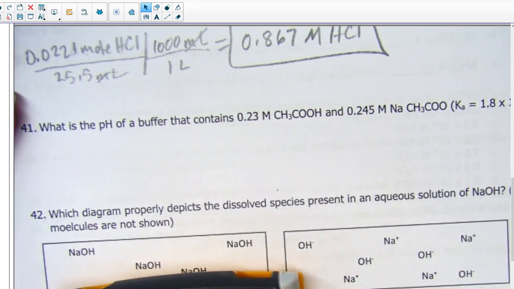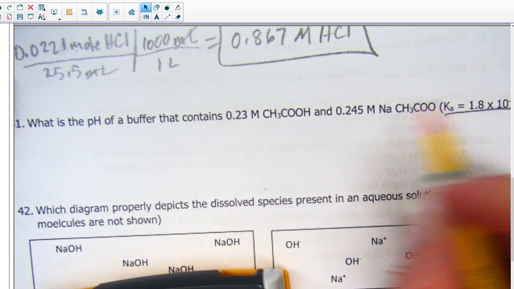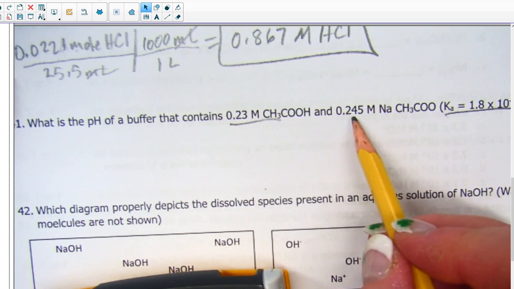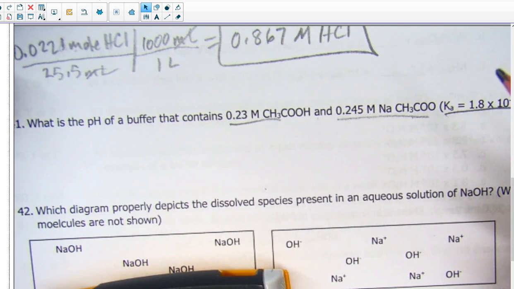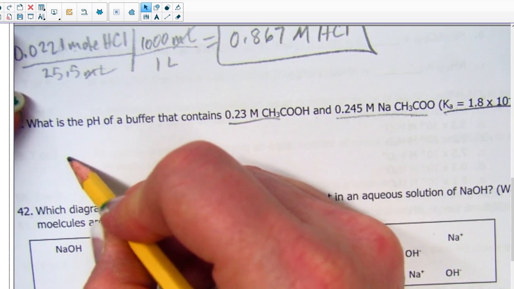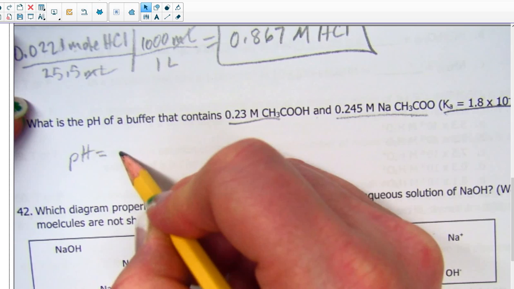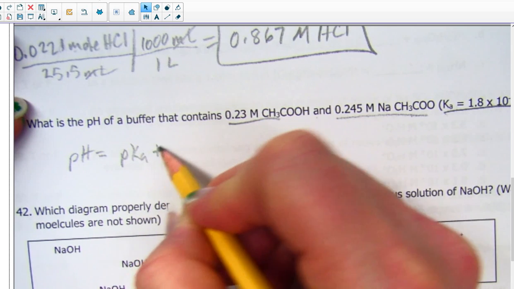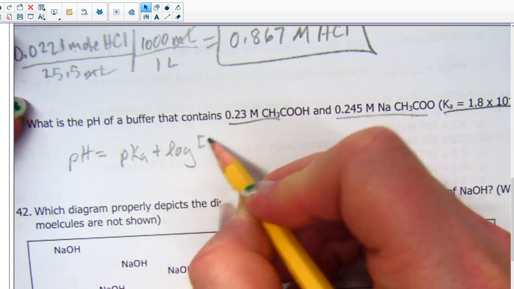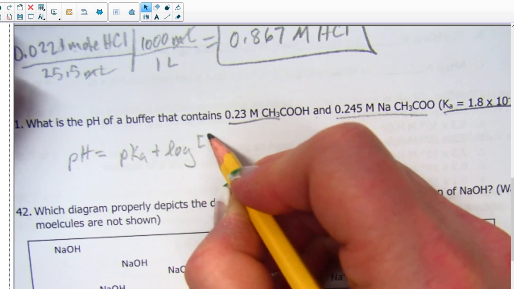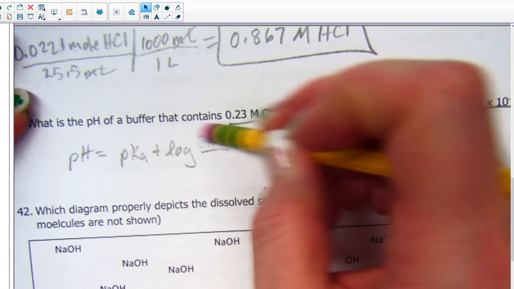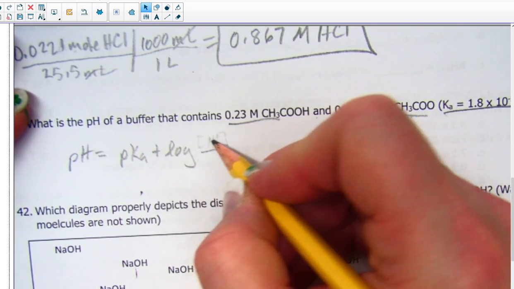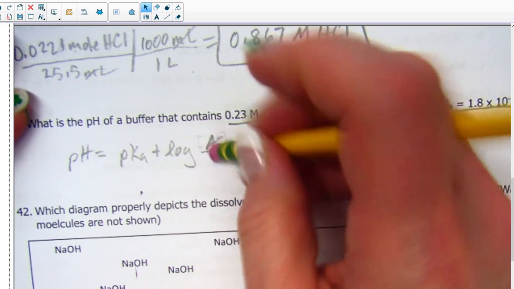All right, next step. We've been given the Ka. We've got the concentration of the acid and the base, and it wants to know what the pH is. So here we're going to use Henderson-Hasselbalch, where the pH is equal to the pKa plus the log of the concentration of the acid. Let's see, can't remember if it's acid or base.